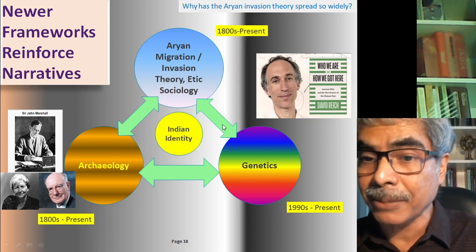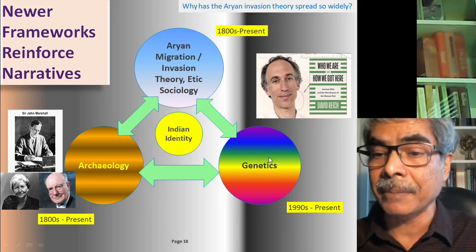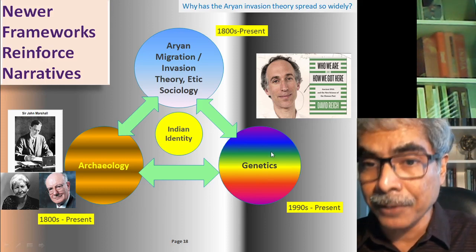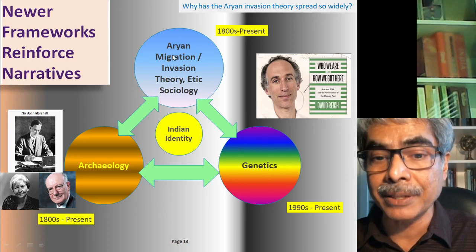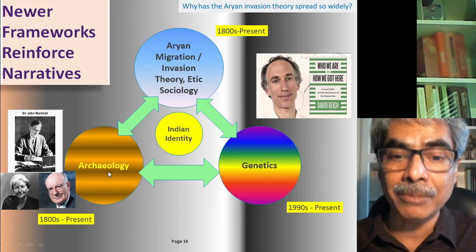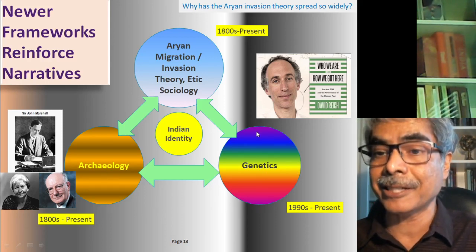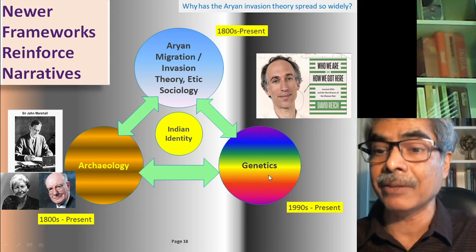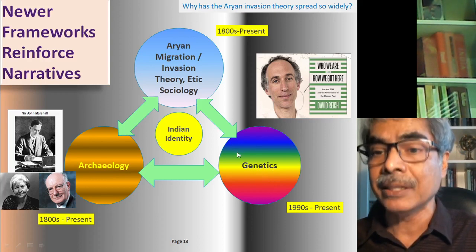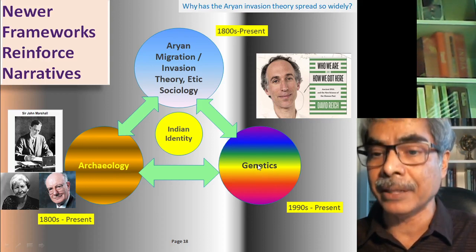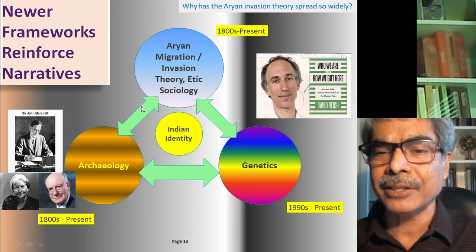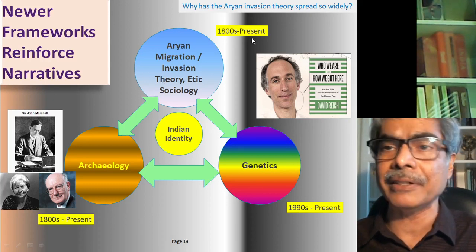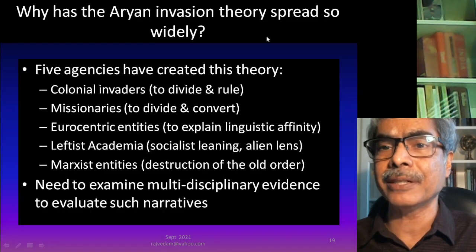And there are reasons for my saying that genetics is not an independent line of study. It relies upon constraints that are got from linguistics, constraints that are got from archaeology. With these constraints, the mathematical methods of genetics are made to converge. Therefore, this is not an independent line of study. These are the reasons why the theory has spread so widely.